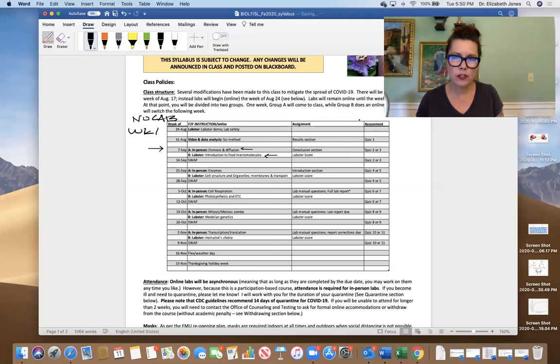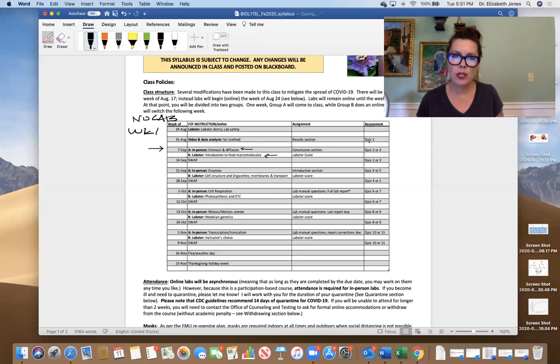And then each week you're going to have an assignment associated with that lab and then an assessment associated with that lab. So what that means is for this particular lab, for video and data analysis, for the scientific method, I will have you do some homework that week, and that will be a results section of a lab report.